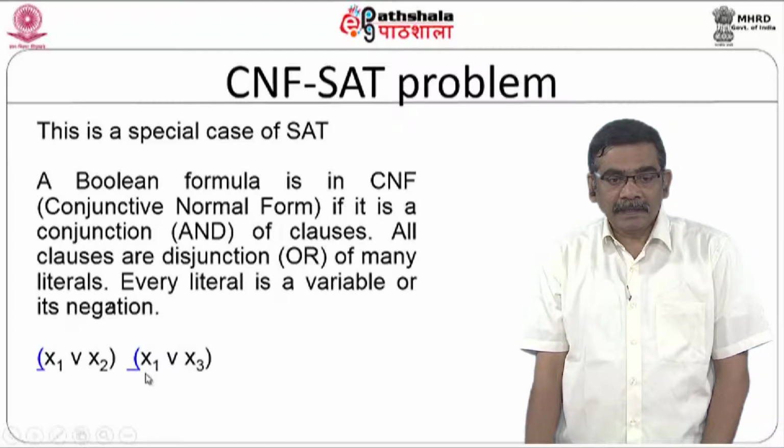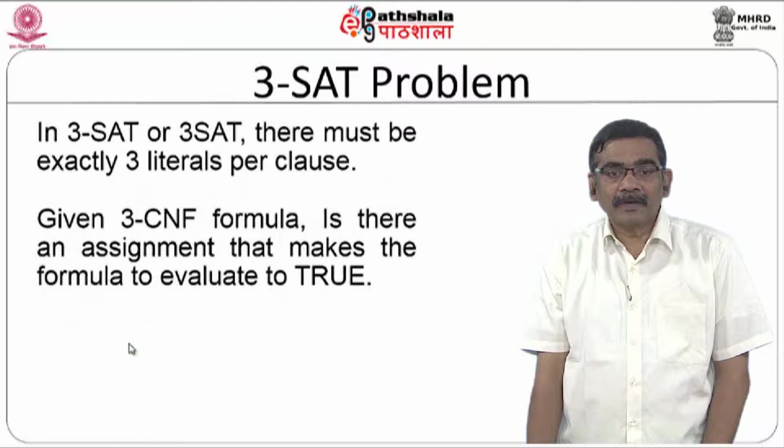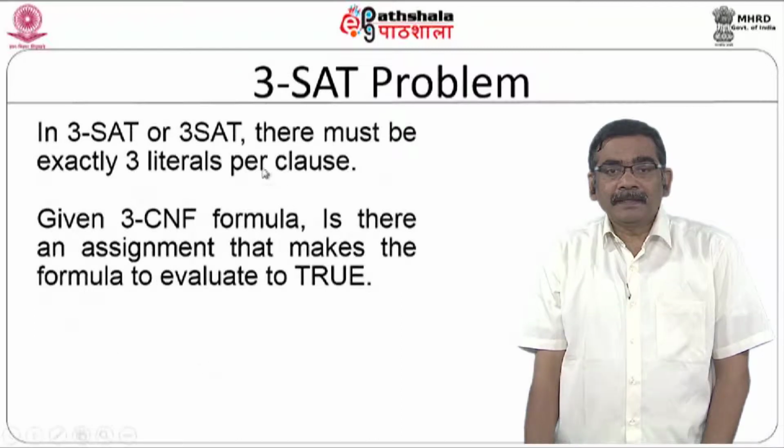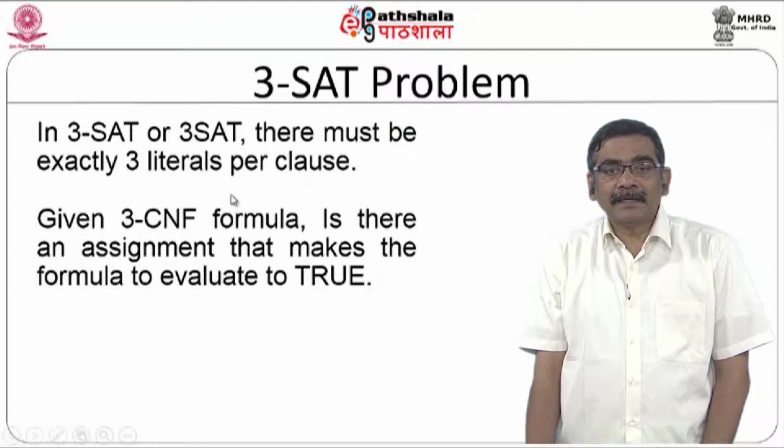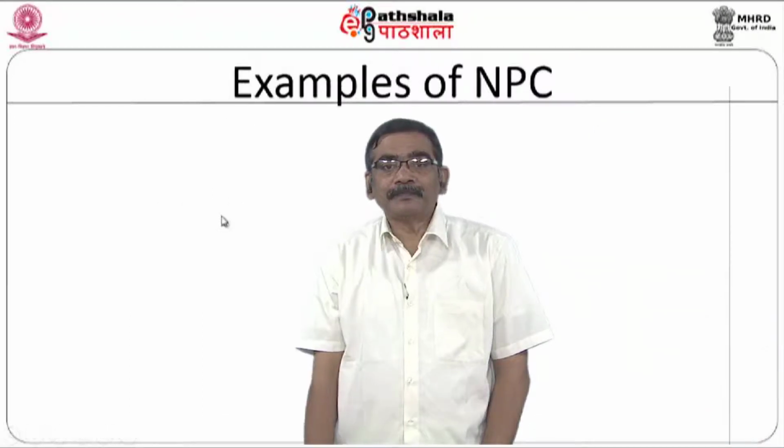For example, these are two clauses, and if we put AND between these two, then suddenly this becomes a CNF formula. In 3 SAT we give another extra restriction, that is every clause cannot have more than 3 variables. If that is the case, then this becomes a 3 CNF problem.